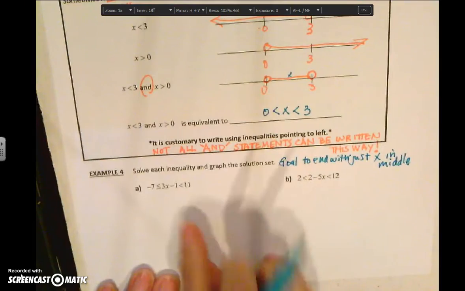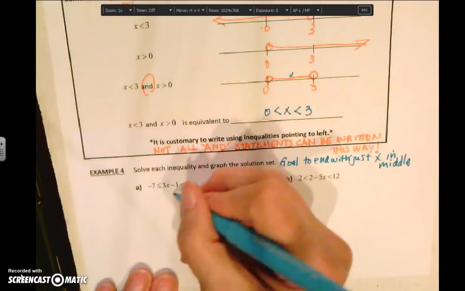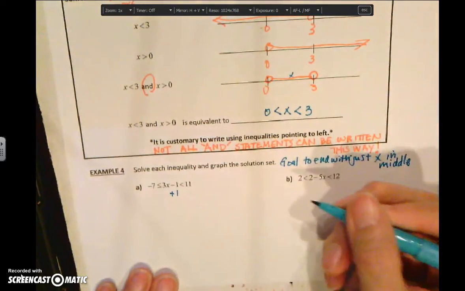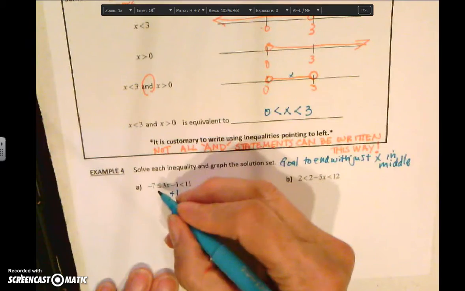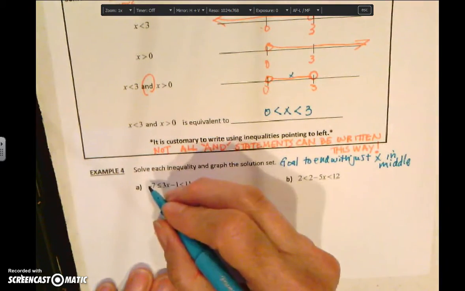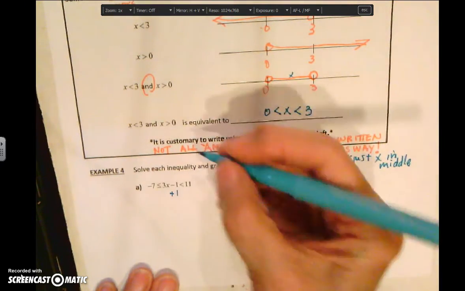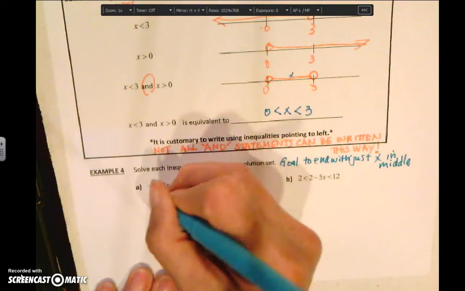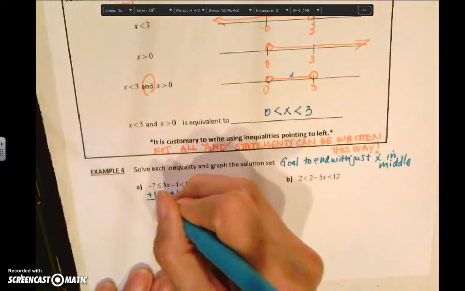All right, so here we go. To get just an x in the middle, I would need to first add 1. And when I add, you can see the inequalities have this divided into 3 parts. So I'm going to add 1 to all 3 parts.